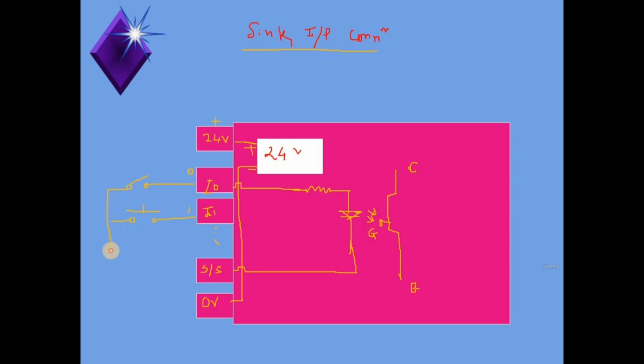The field input devices, we need to connect to the negative side of the power supply, like this. Here I have connected, and we need to short the positive terminal with the sink and source terminal. So this is the sink type input connections.